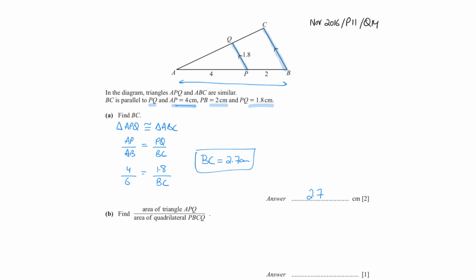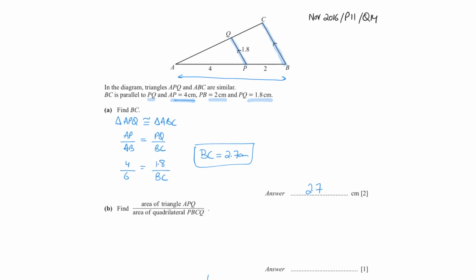Moving on, for the second part, you are asked to find the ratio of the area of the triangle APQ, which is this, over the area of the quadrilateral PBCQ. So let me tell you how to go about this question. First of all, you will find the ratio of the area of triangle APQ over the area of triangle ABC.